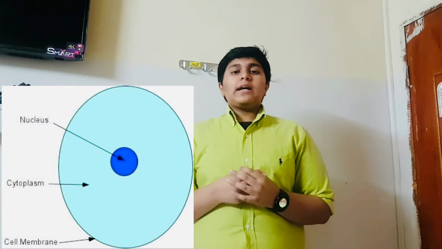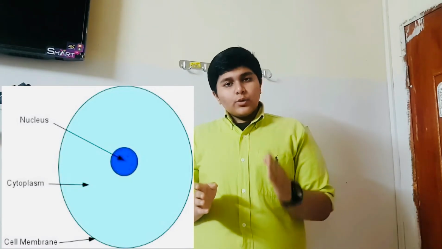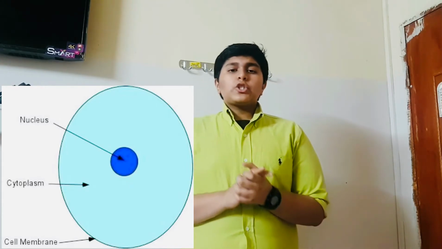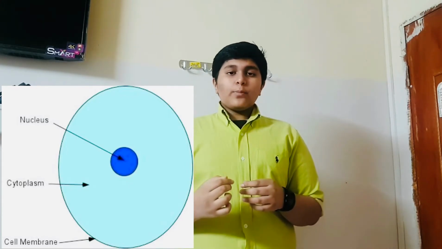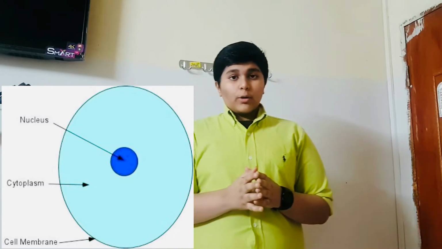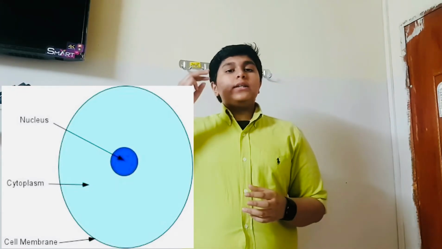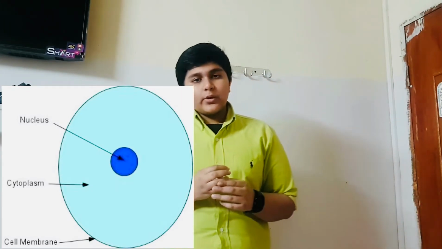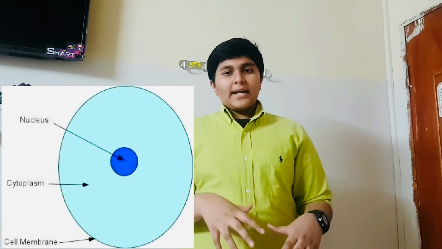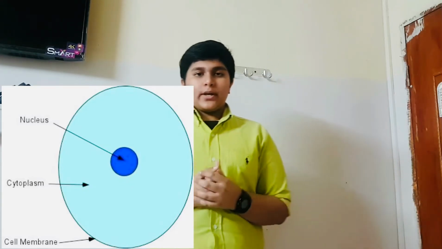Second, cytoplasm. It is a jelly-like substance between the nucleus and the cell membrane. The part from the cytoplasm to the nucleus is called protoplasm. The third main part is the nucleus, the main functioning one, the power place. Everything is supplied from here.